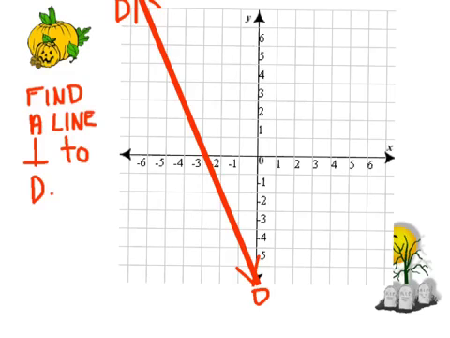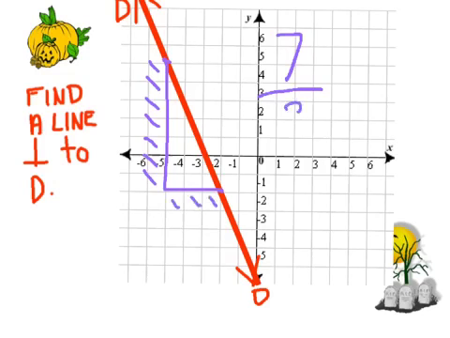Alright, find a line perpendicular to D. First thing we want to do is find the equation of D. To do that, we need to pick 2 points on our line. Pick this one right here and this one right here. We make our triangle. We want the rise over the run, so we have 1, 2, 3, 4, 5, 6, 7 for our rise. For our run, we have 1, 2, 3.